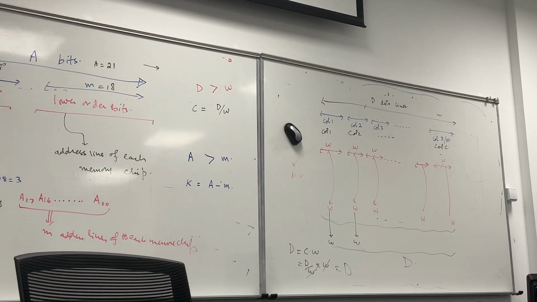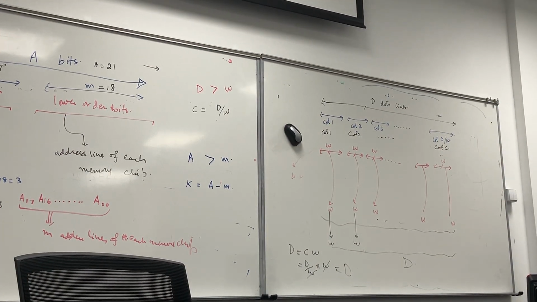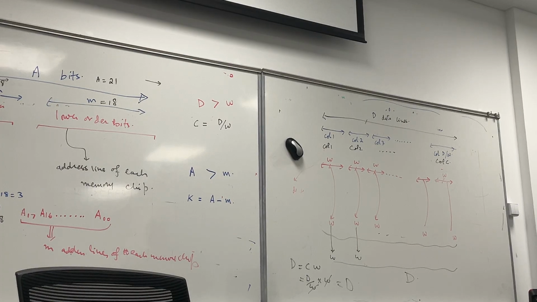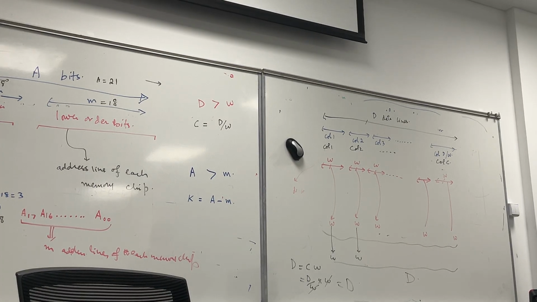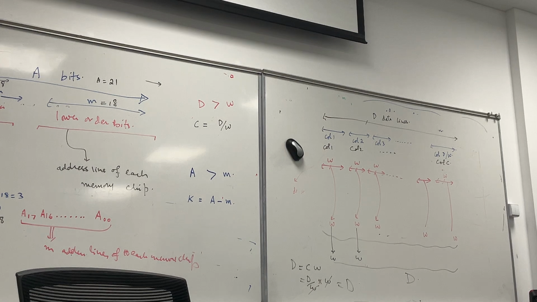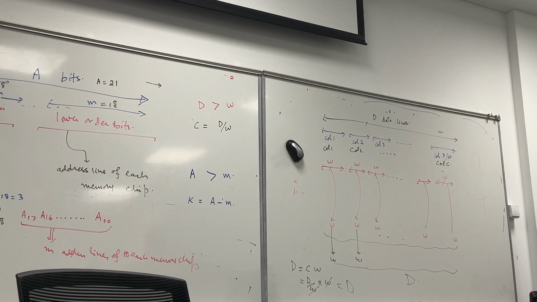What is the size of each row in this section? 4. So there are 2 columns, and these 2 columns will be enabled at the same time. I can access 4 students from here and 4 students from there. So what is W here? W is 4. And what is D here? Clear or not clear? Any question?